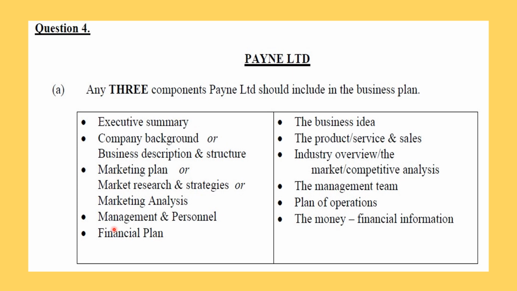Next, management and personnel, financial plan, the business idea, product, service or sales, industry overview, the market competitive analysis, the management team, plan of operations, and the money budgets and what have you. If you had three of these, you would have gotten the full mark for the question.